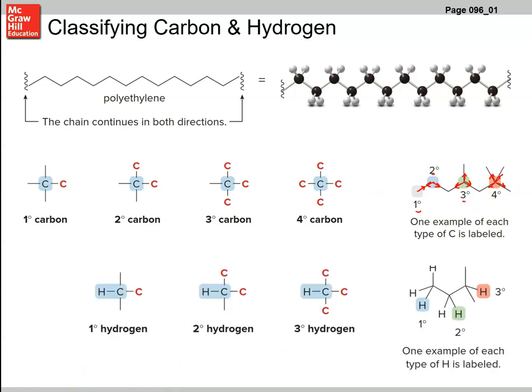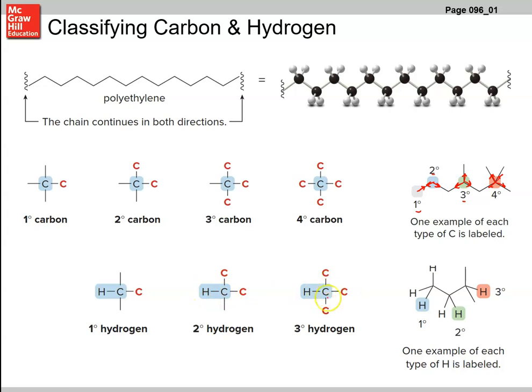The other thing that we'll do is classify the hydrogens on attached carbons. If we are talking about this carbon here, and that hydrogen that's associated with the carbon, it is attached to a carbon that's attached to 1 carbon. That means this is a primary hydrogen. This carbon here is attached to 2 carbons, so this becomes a secondary hydrogen.